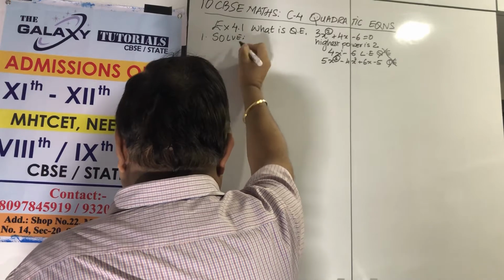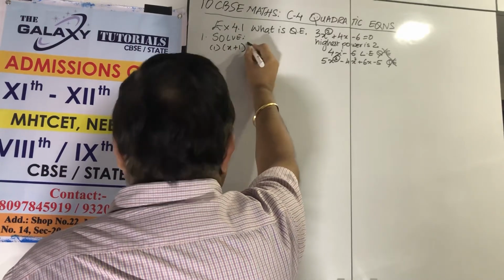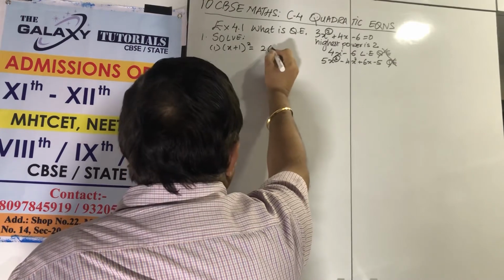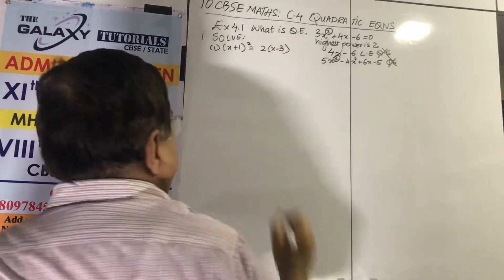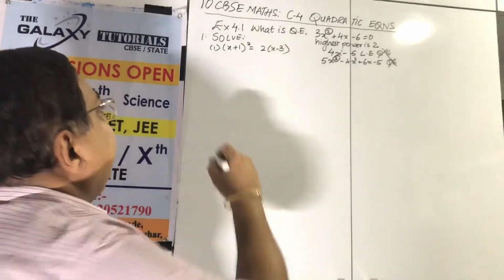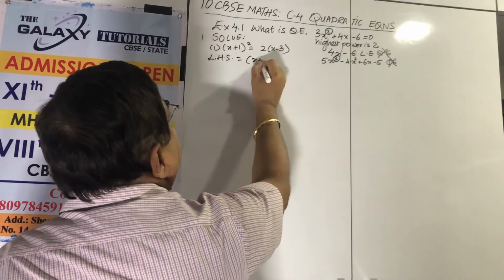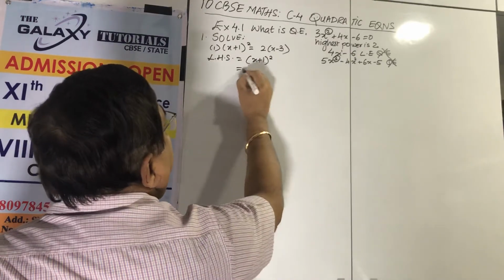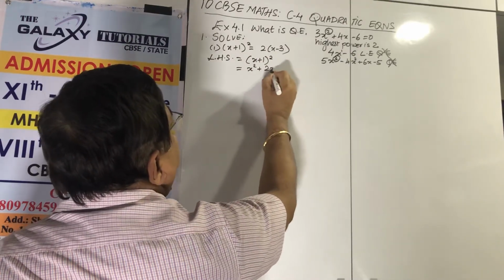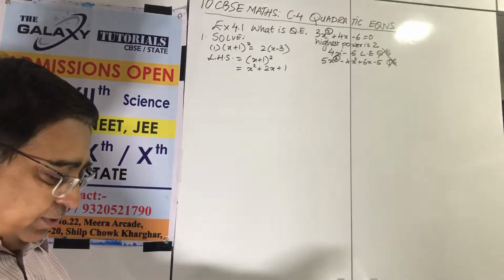I am having (x plus 1) whole square is 2x minus 3. Left hand side is equal to x plus 1 the whole square, that is x square plus 2x plus 1, when you expand it, my friends.